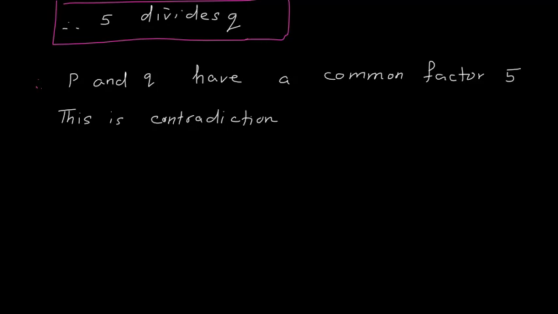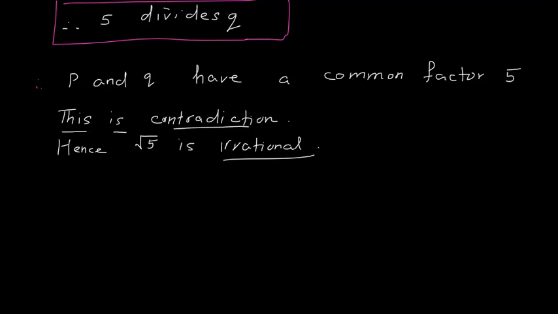Hence we say that root 5 is irrational. We assumed that root 5 is rational, but at the end we get a contradictory statement. So if we get a contradiction, that means our supposition, our assumption, is not correct.